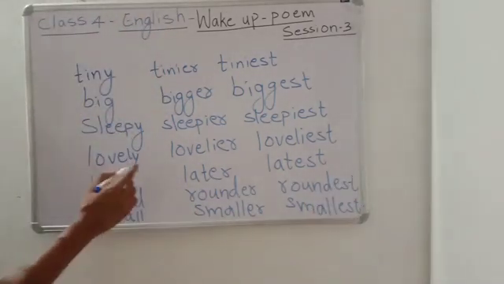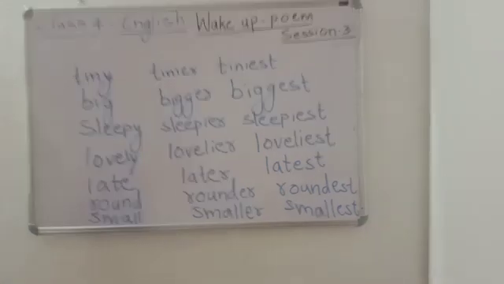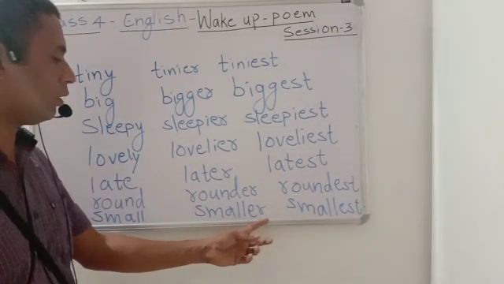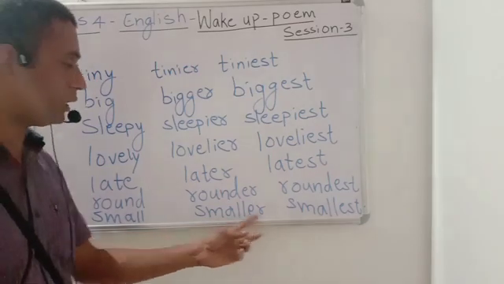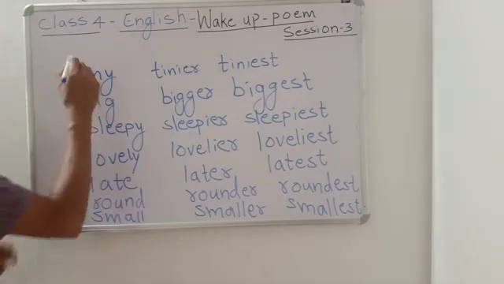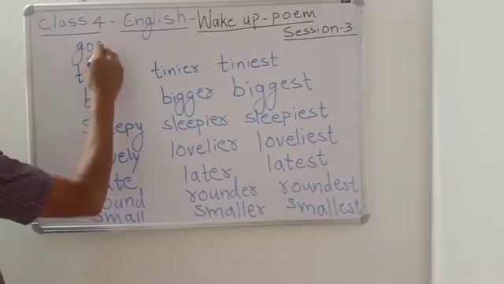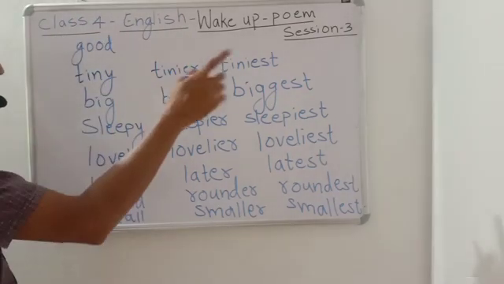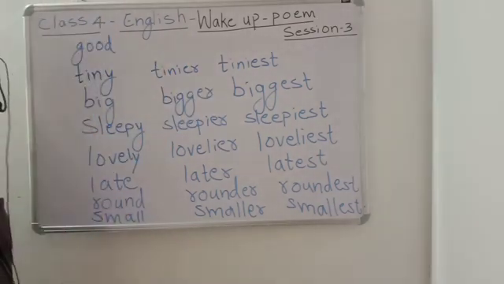One more is there, and this same rule may not be applicable in all the words. For example, in the example of good, it is not gooder or goodest. It is wrong.